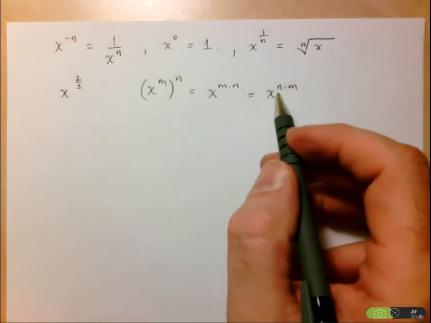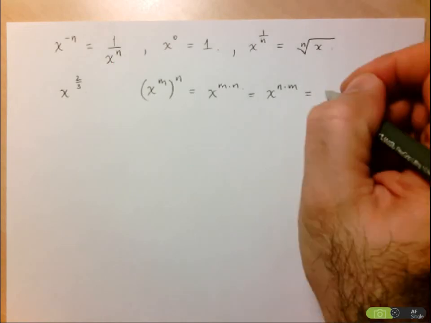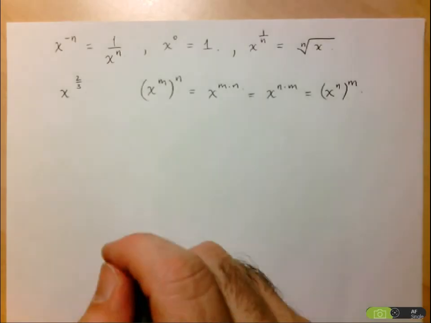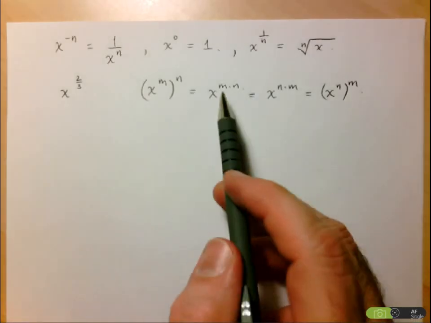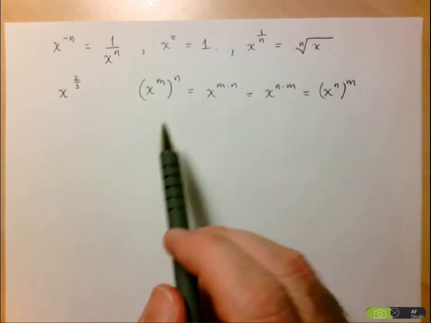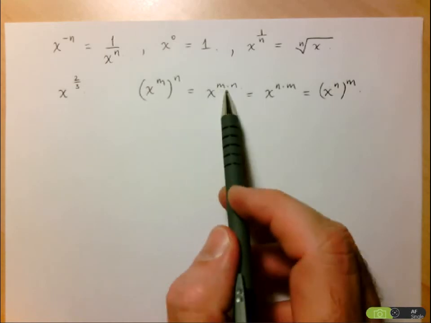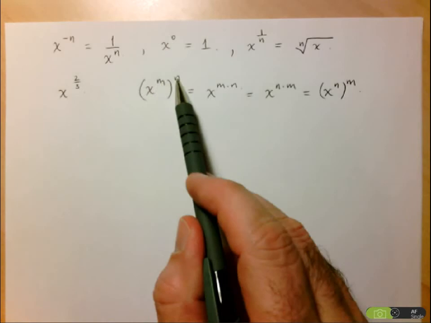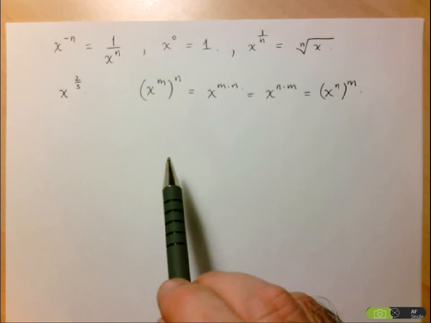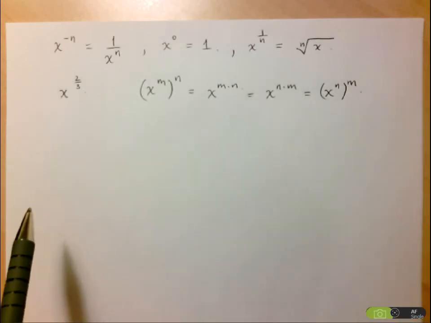But if I now apply the power rule again, this can be written as x to the n all to the power of m. Essentially, if I have an exponent that can be written as a product, I can apply either factor first. I can first take exponent m, then n, or the other way around, first n, then m.